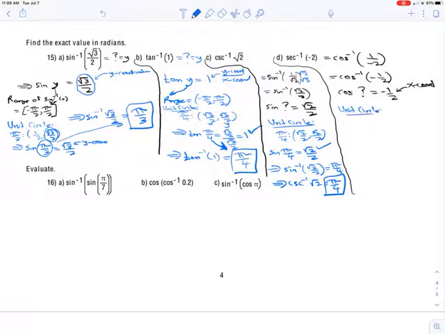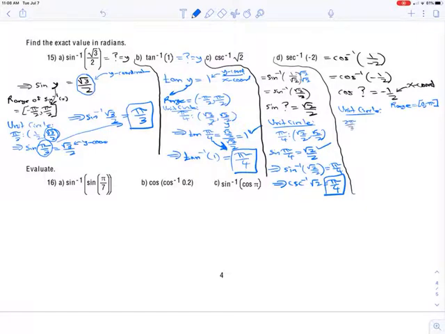And we know we're talking about cosine, so I'm going to write this down. Our range on cosine is from 0 to pi. So be careful with that. So in the unit circle between 0 and pi, when would you have an x-coordinate of negative 1/2? It'd be over at your pi over 3 mark in quad 2. That'd be pi minus pi over 3, which is 2 pi over 3.